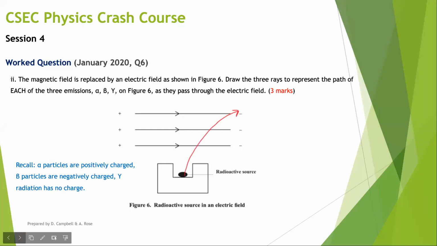So the alpha particles will deviate towards the negative section of the electric field. Beta particles, which are negatively charged, will be deviated towards the positive section of the electric field. And once again, the beta particles will be deviated more than the alpha particles because they are much lighter. And the gamma radiation will pass straight through the field undeviated because it is not affected by the electric field.